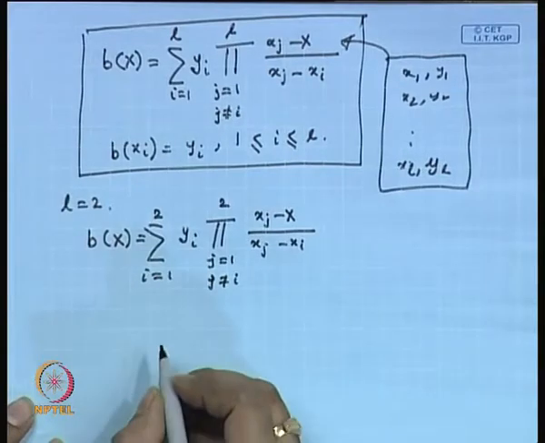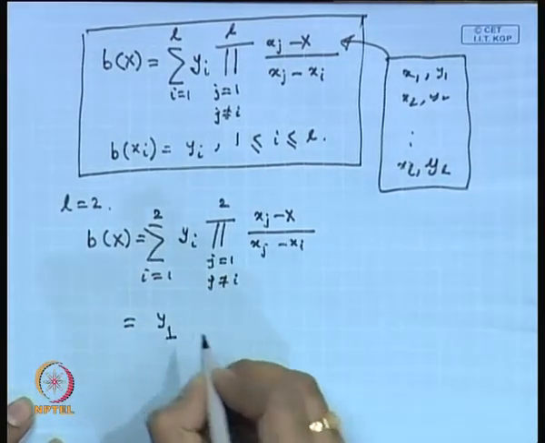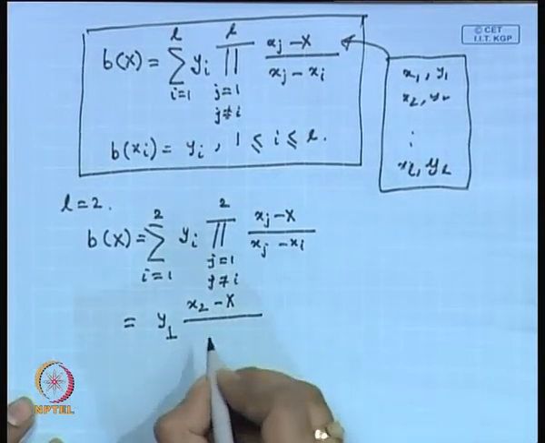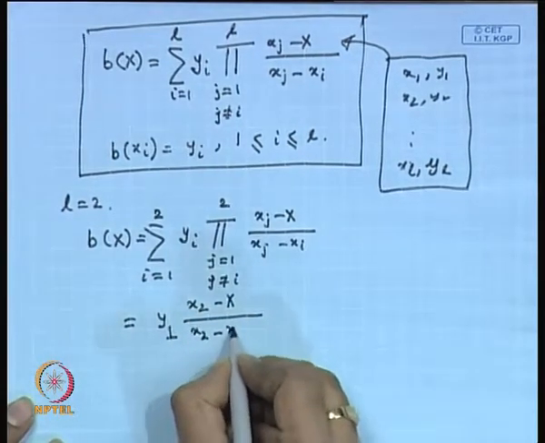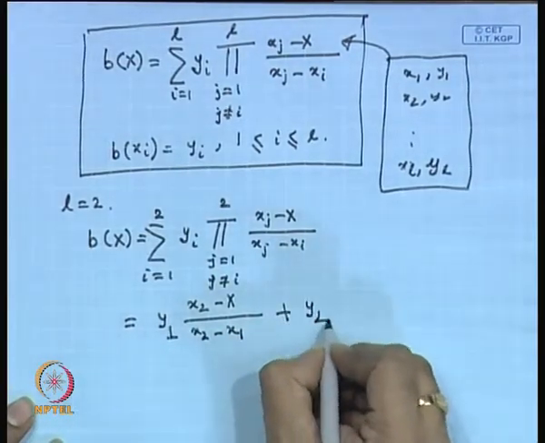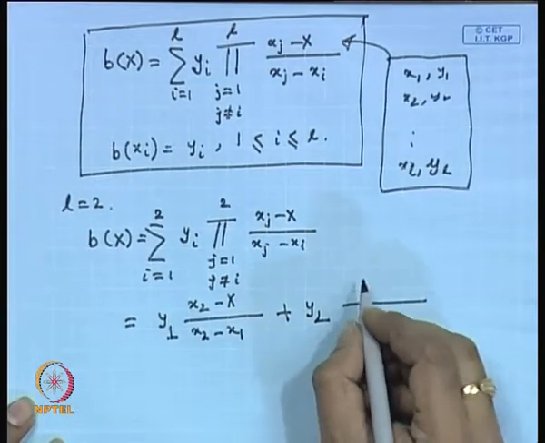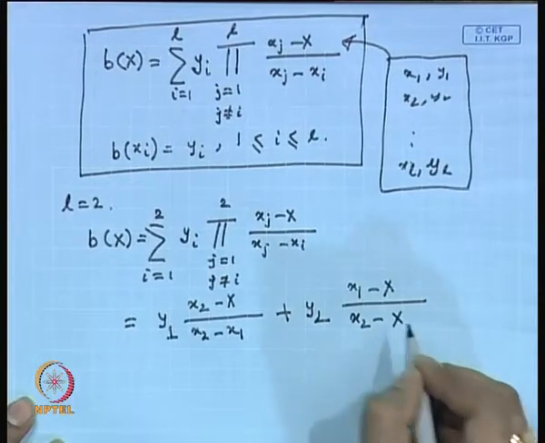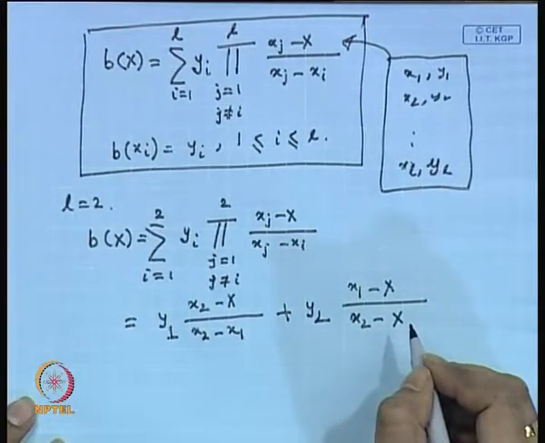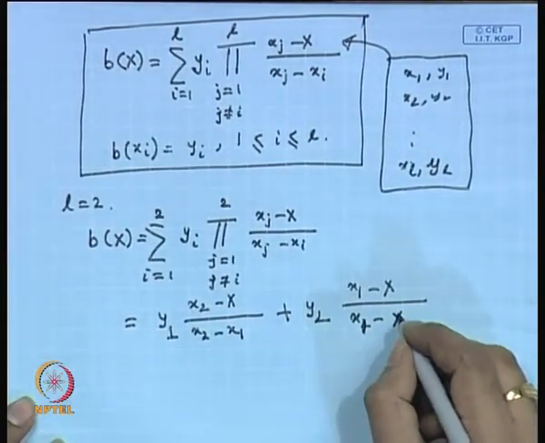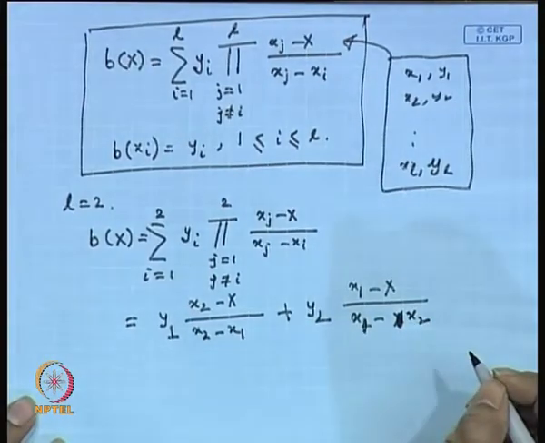So, that is equal to y1 multiplied by (x2 minus x) divided by (x2 minus x1), plus y2 multiplied by (x1 minus x) divided by (x1 minus x2), right.